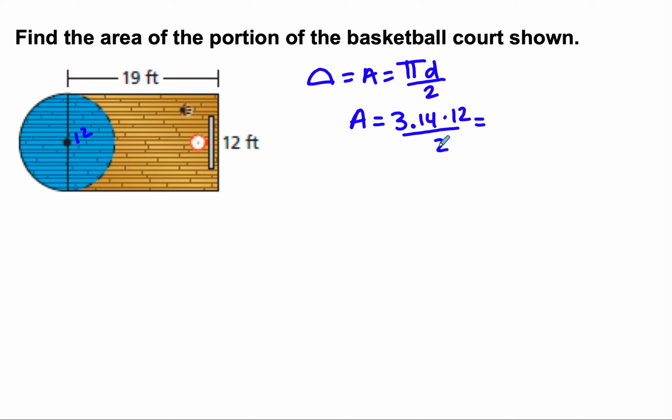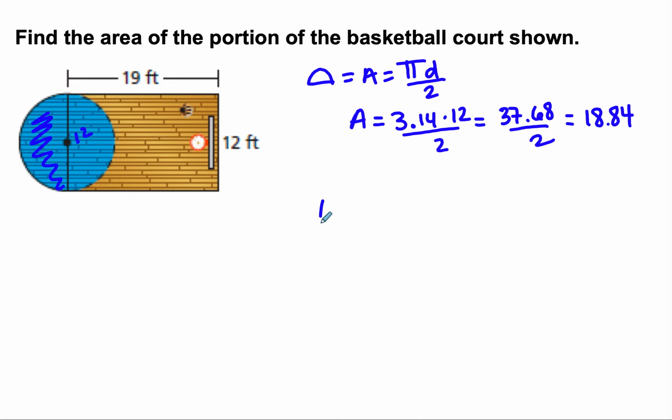Okay, so let's see. 3.14 times 12 gives me 37.68. And then when I take that and I divide by 2, I get 18.84. That's for this part, the half circle.